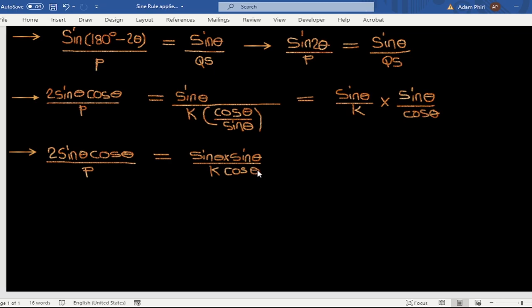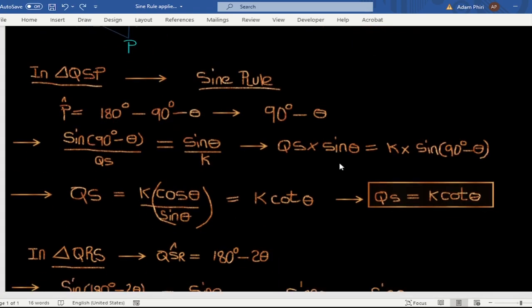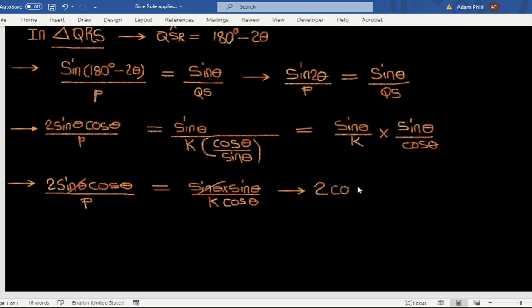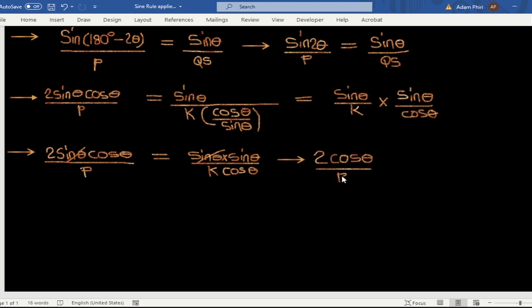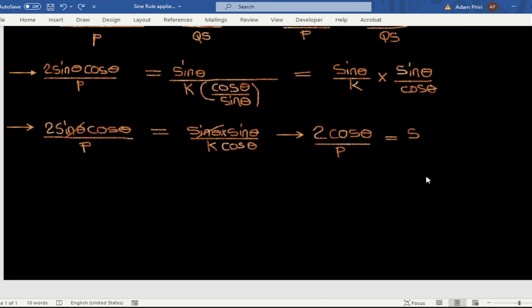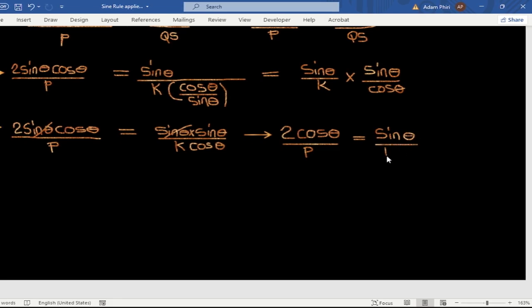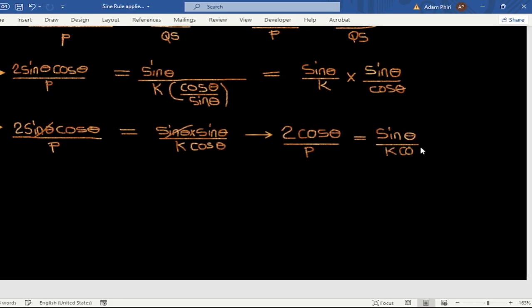So the cos becomes the denominator. Because we have multiplication on both sides, we can cancel. So we have 2 cos theta over p equals sine theta over k cos theta.